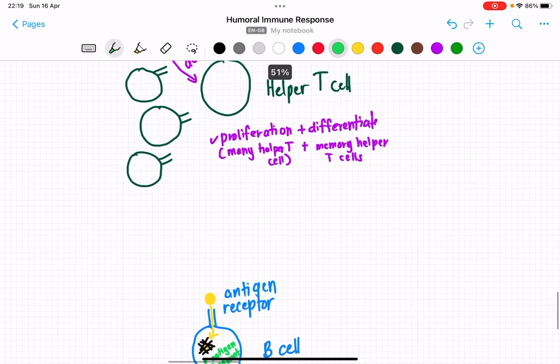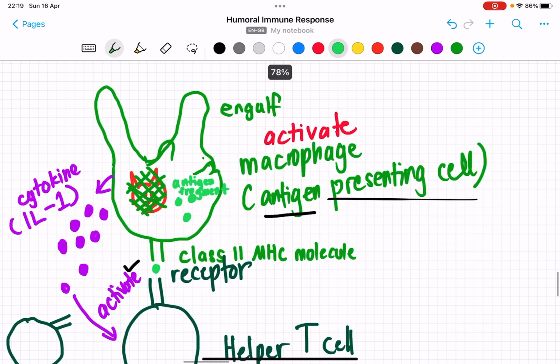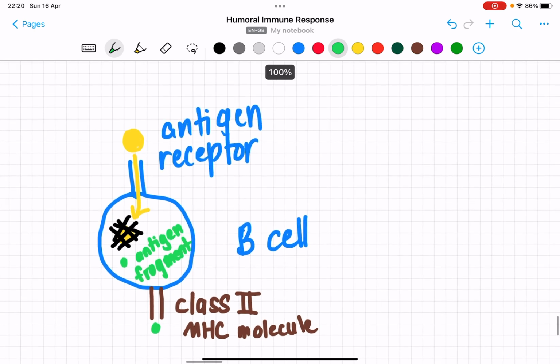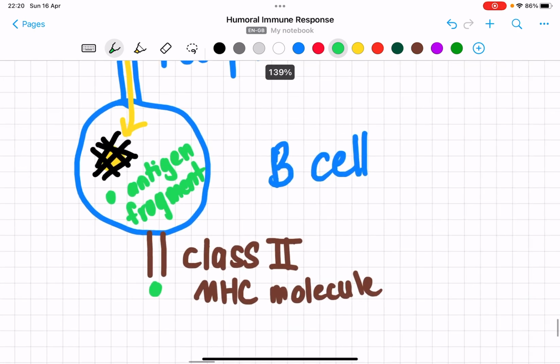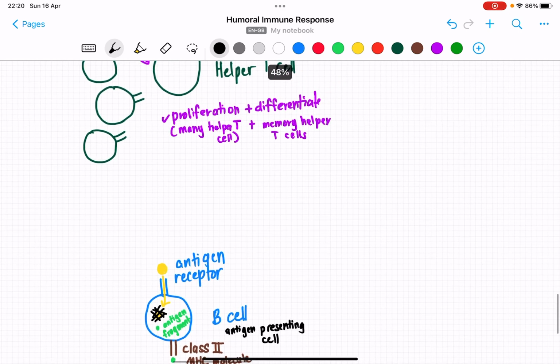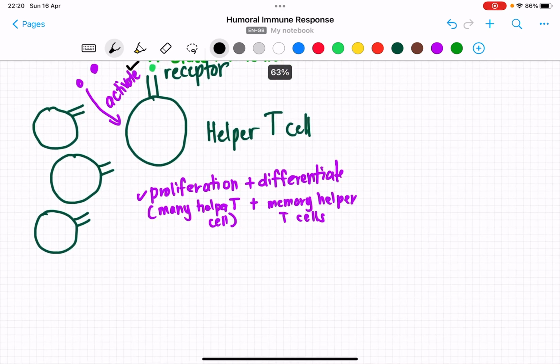So actually you can see that what happened at the macrophage is almost the same as what happened in the B cell. So now the B cell, after it displays the antigen fragment, is also known as an antigen presenting cell. Now we have an activated helper T cell.